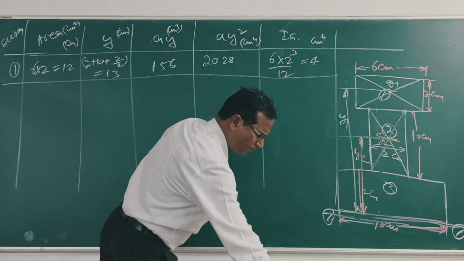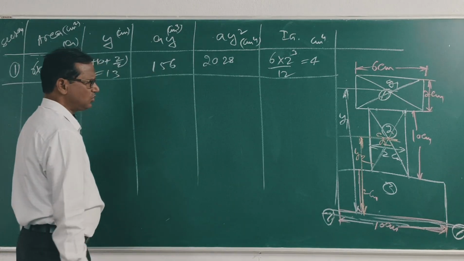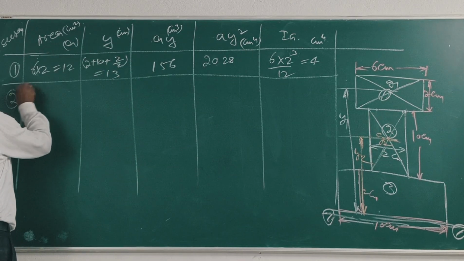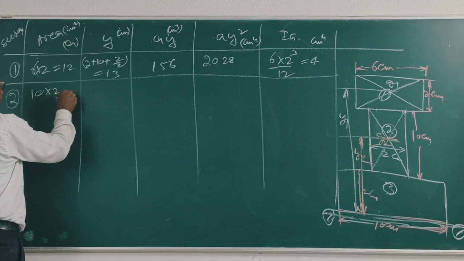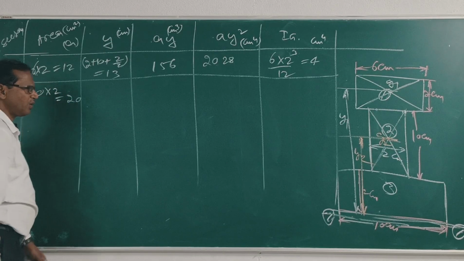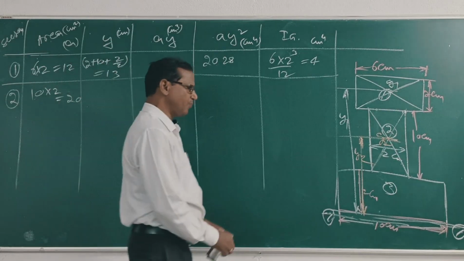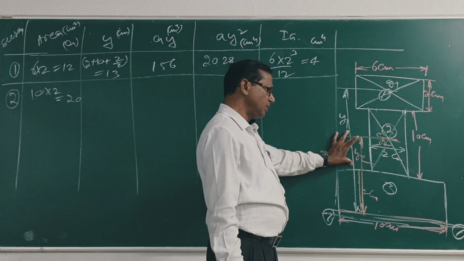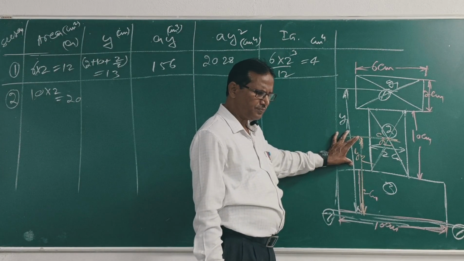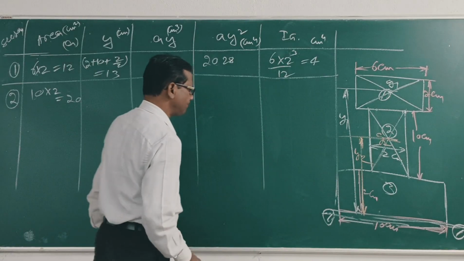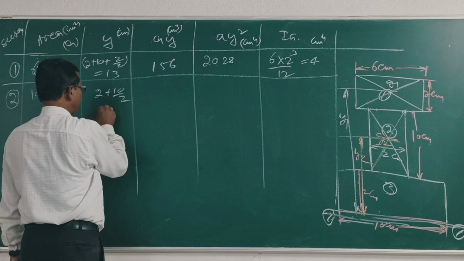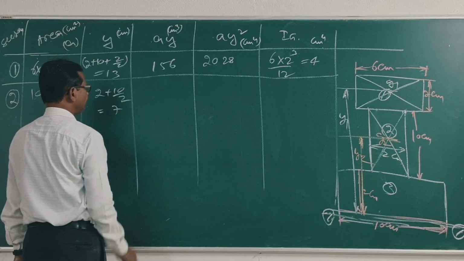What is area? Area is equal to 10 into 2, 20 cm square. Y2, what is Y2? 2 plus 10 by 2, 5. 2 plus 10 by 2, 7 cm.